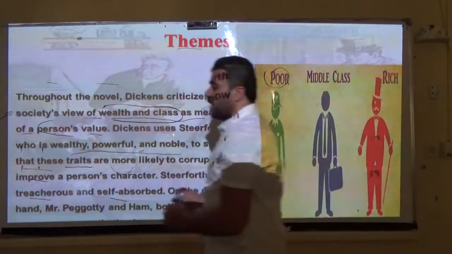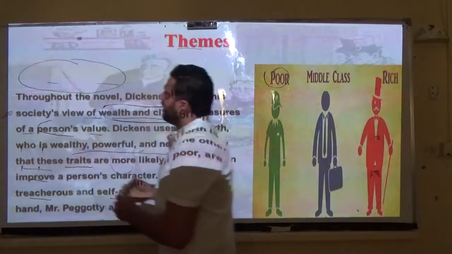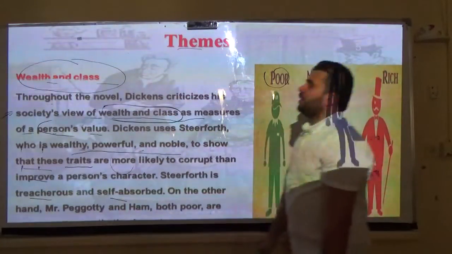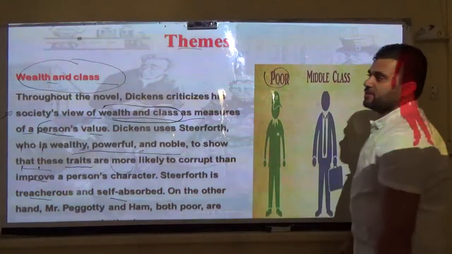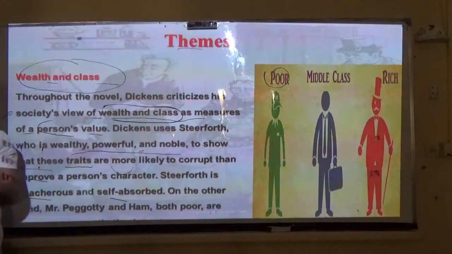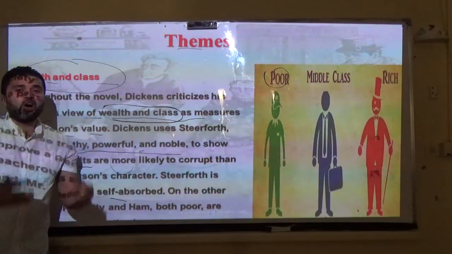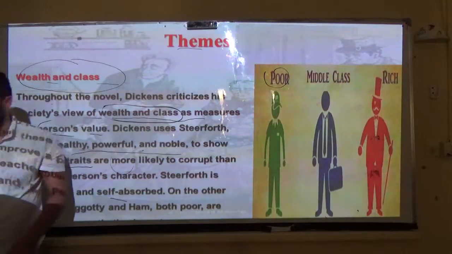So I want to put a title here for our point of view: wealth and class. So we have 2 themes here. The first one was the hardship of the weak, and the second one, wealth and class.